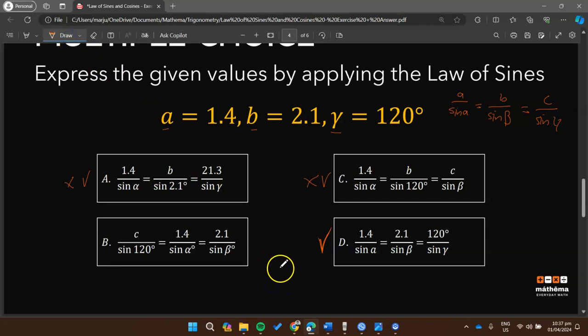So that should give us 1.4 over sine alpha equals 2.1 over sine beta, and then we have C over sine 120. So this should be our answer, and we cannot locate that one in our choices.